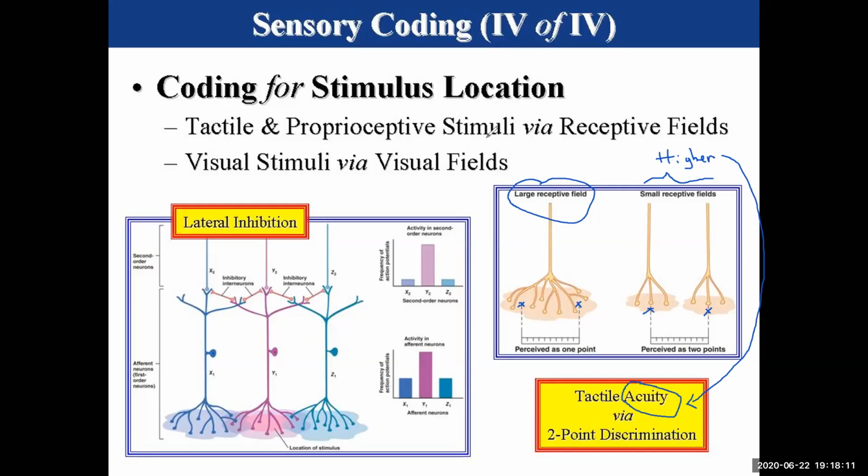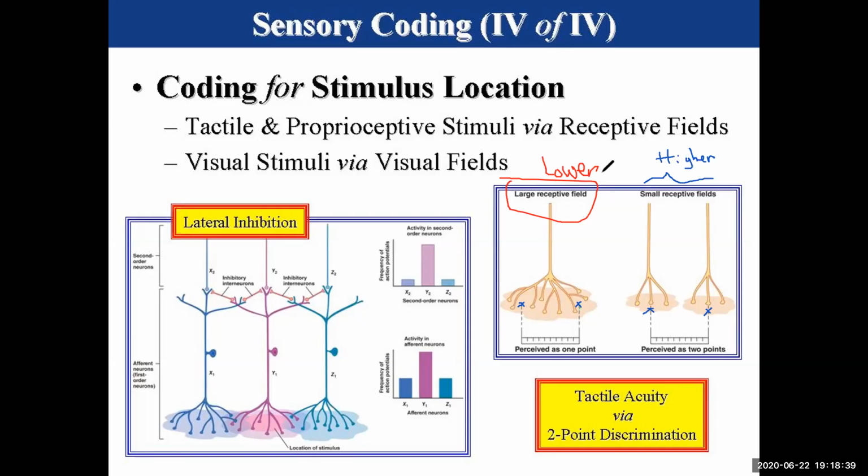But with a larger receptive field, we have a problem. We will have a lower capability. We are compromised in terms of our ability to detect two different stimuli.